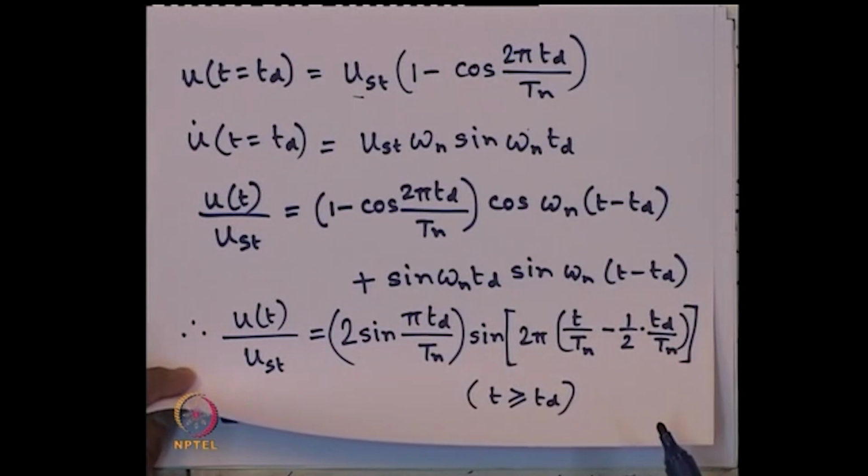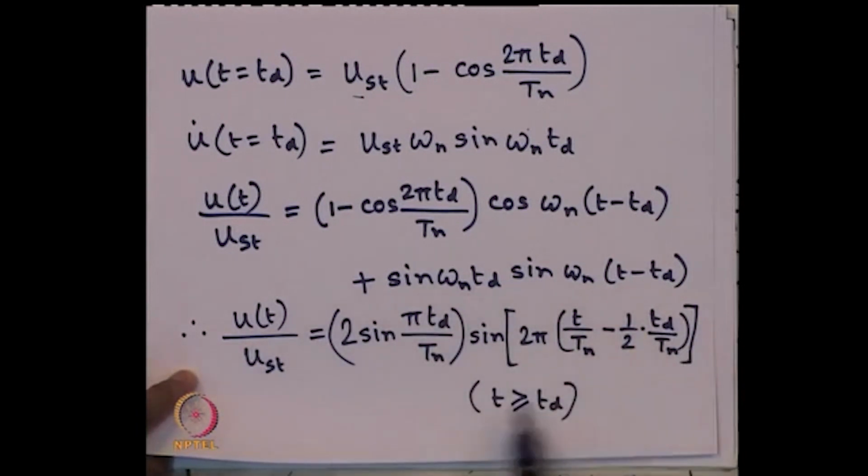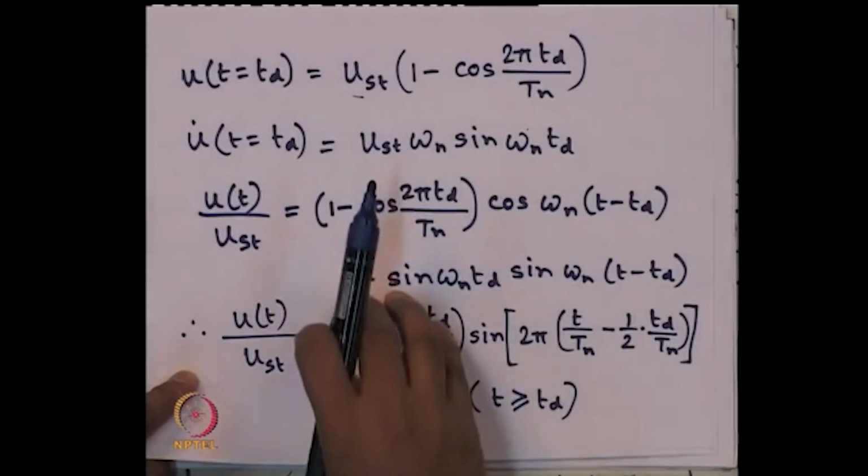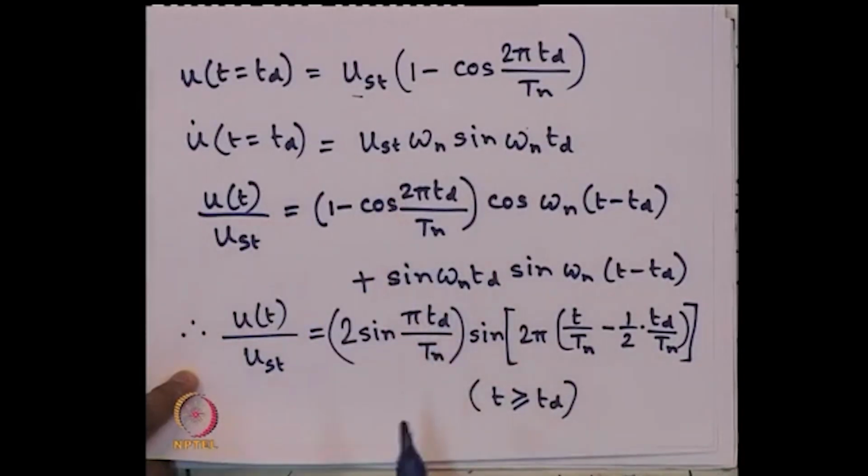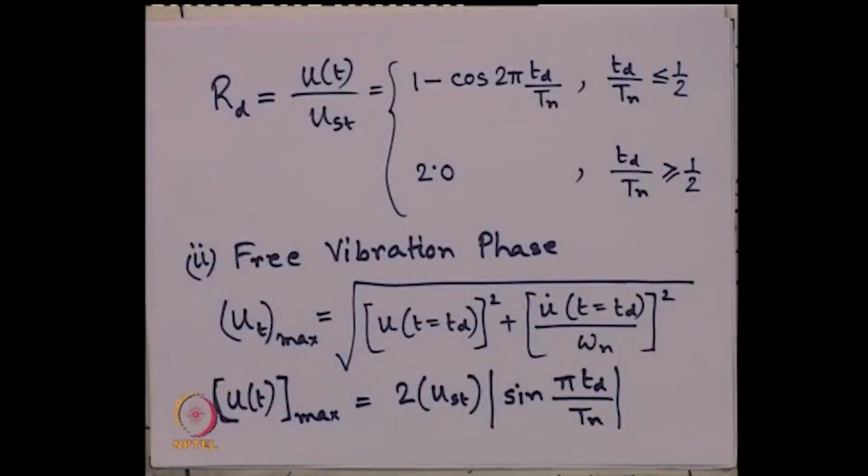If you remember this one, this was the solution for the free vibration phase at the end, right. So, what is the maximum value of this solution? This portion, this amplitude, what remains is sine. So, if sine is 1, then it will be maximum. Am I right? So, if it is maximum, it is 2 times u_st sine of pi Td by Tn, that is what I have written over here, and the amplitude can be either minus or plus.